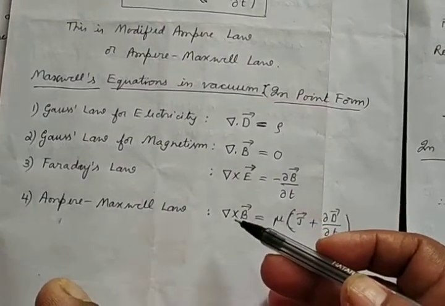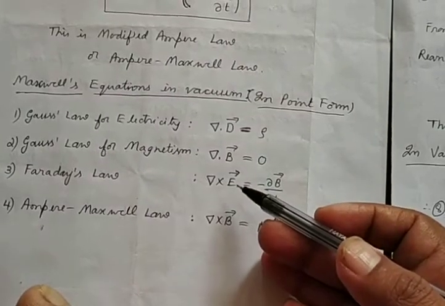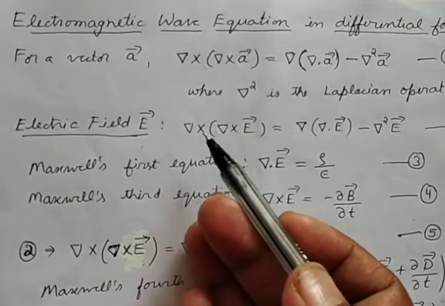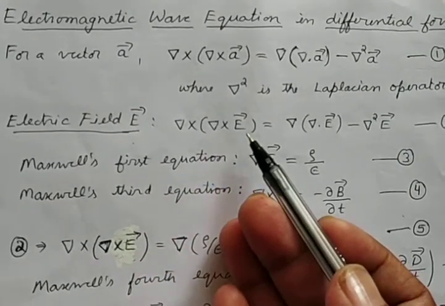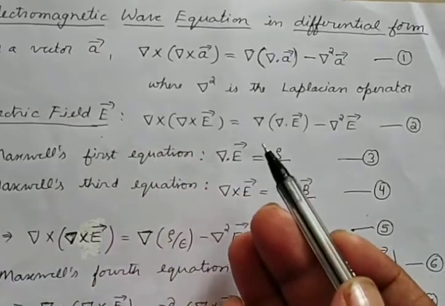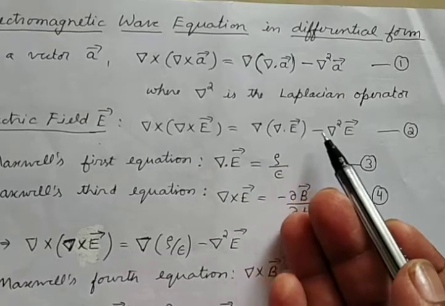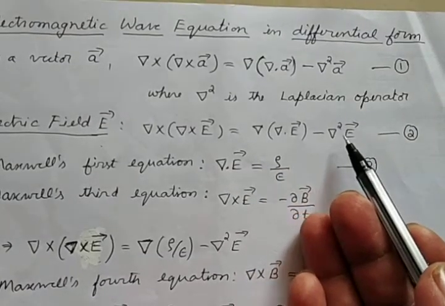that is Ampere-Maxwell law. So here we have the curl of the electric field, and we can apply the curl on the electric field vector. According to this relation, it becomes equal to the gradient of the divergence of E bar minus del square, the Laplacian of E bar.